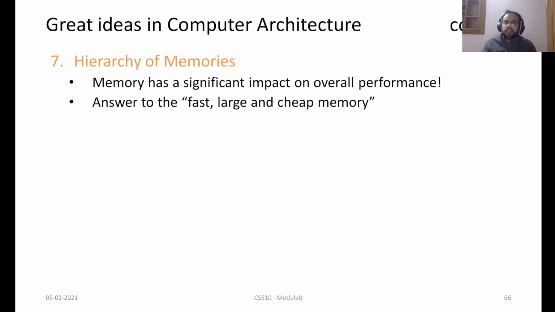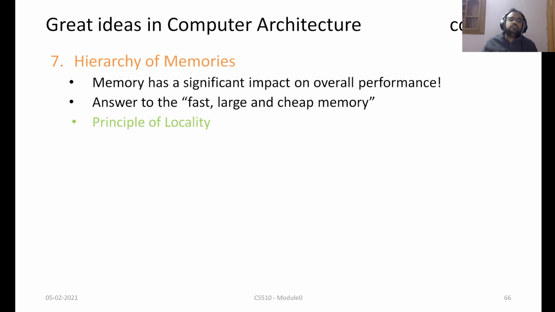This hierarchy was also an answer to the ideal expectation of memory, which would be very fast and have almost infinite capacity, but at the same time come at a low cost. We are going to deal more with this concept in module 3.